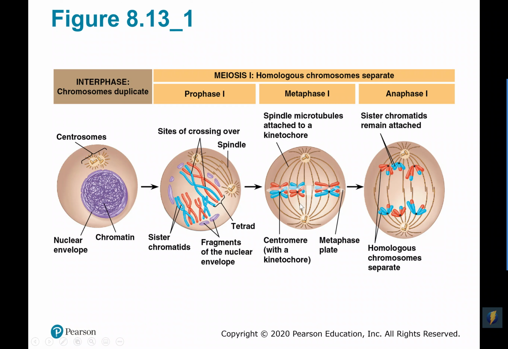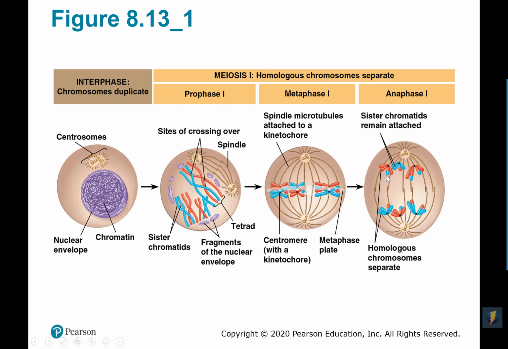And then during metaphase 1, as the chromosomes line up on that imaginary middle metaphase plate, this is when this crossing over process happens. They swap DNA. That results in genetic variation now in the sister chromatids.